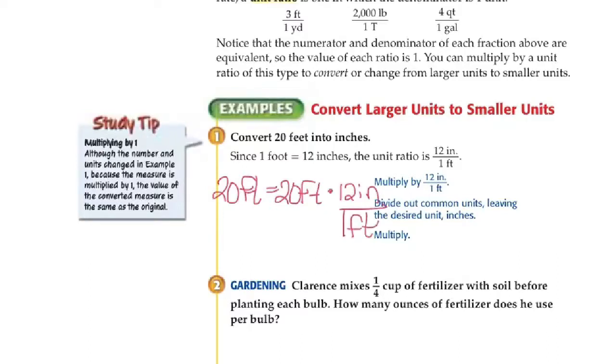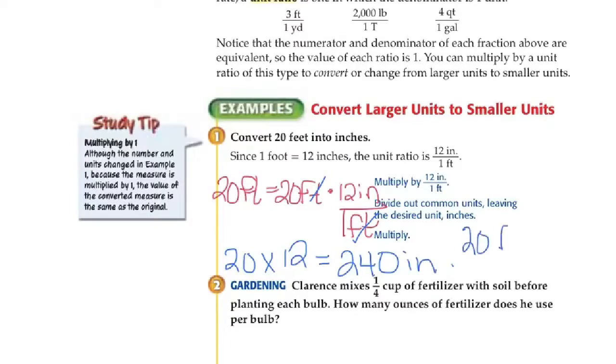Okay, we can cross out our common units, which are the feet right here. Then do 20 times 12, which equals 240 inches. Okay, so therefore 20 feet equals 240 inches. That's another way to do this, okay?